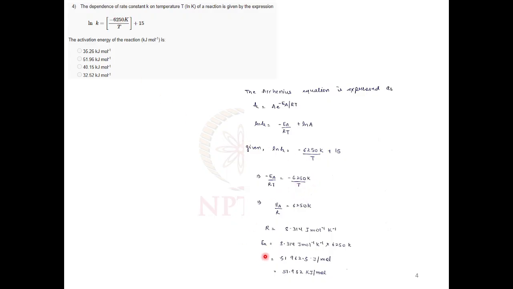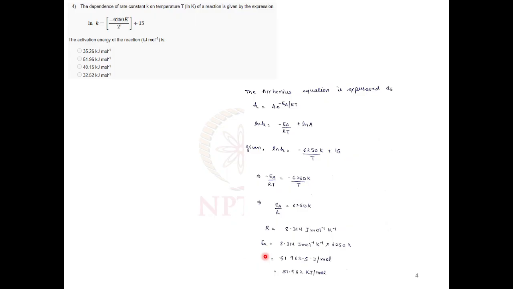From there you get the value of Ea, 51.962 kilojoule per mole. This is quite an easy and straightforward problem. For CSIR NET GATE, they used to give this type of problem. So 51.962 kilojoule per mole is the answer.